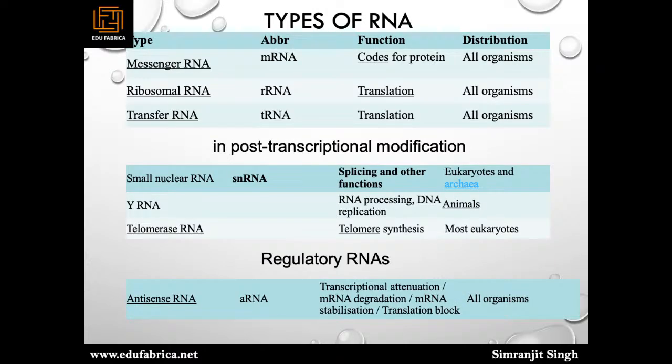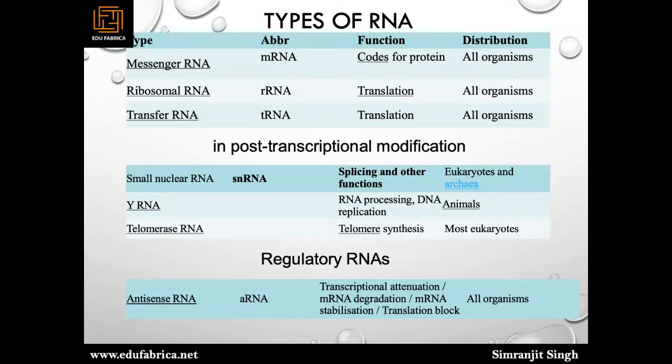Basically, from the distribution point of view, there are three types of RNA: messenger RNA, ribosomal RNA, and transfer RNA. Messenger RNA is used to code for proteins, whereas ribosomal RNA and transfer RNA are both used for translation. They are present in most organisms: mRNA, rRNA, and tRNA.